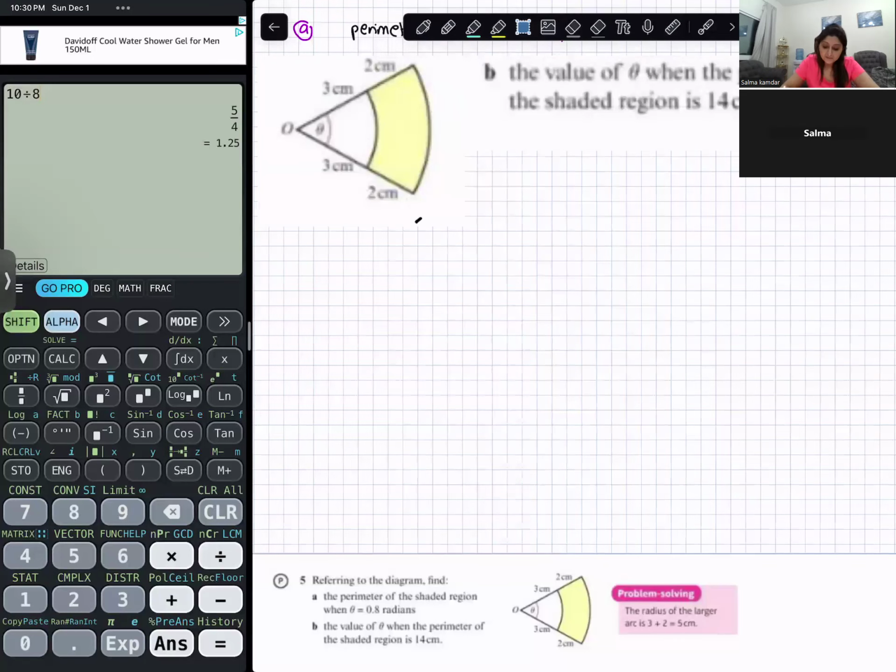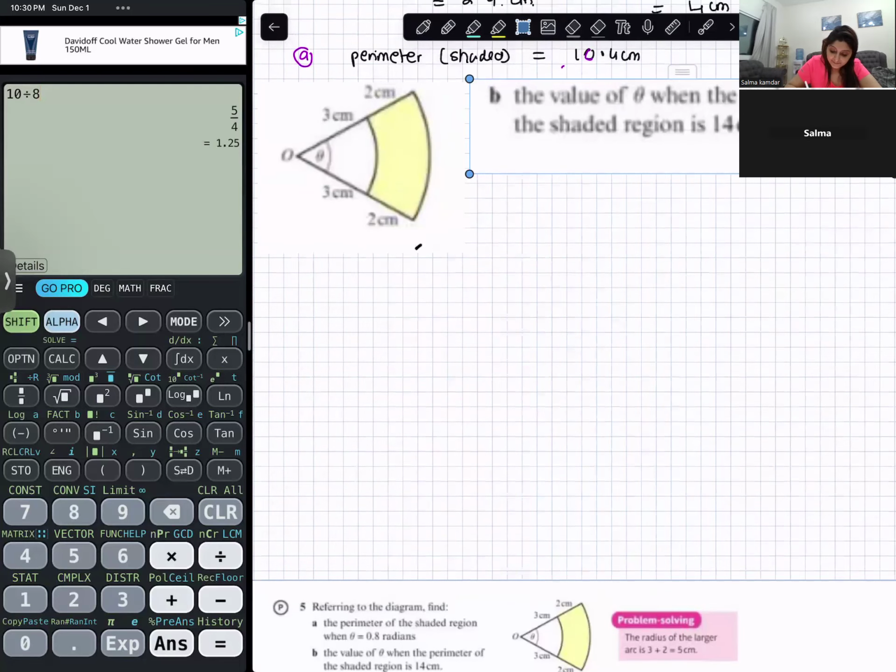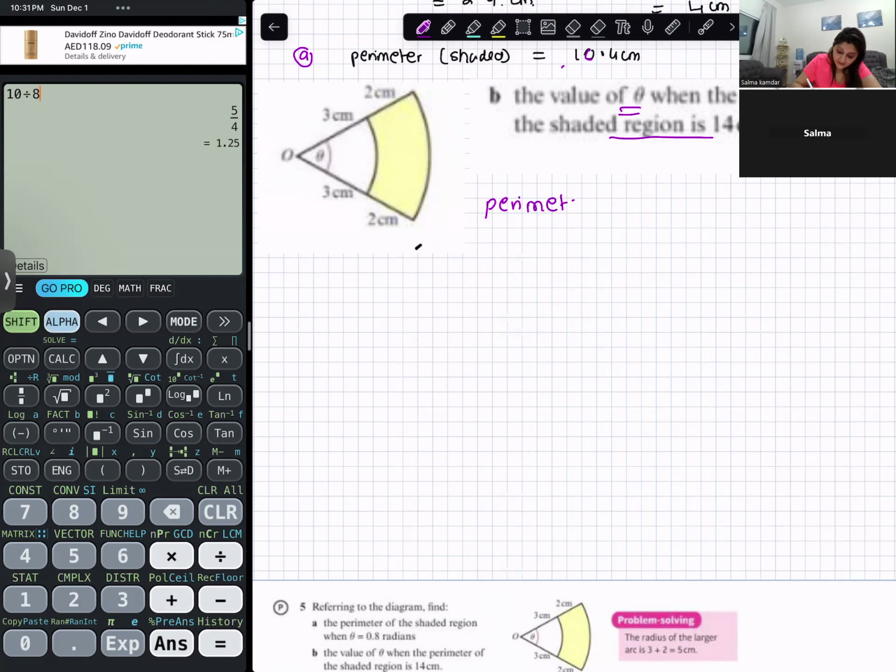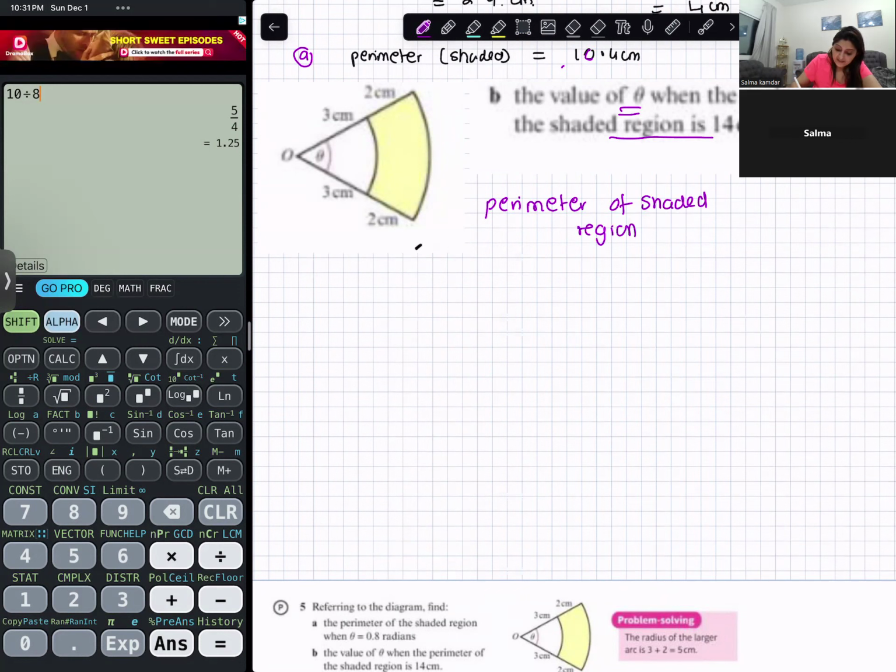In the B part, they have asked me to find the value of theta when the perimeter of the shaded region is 14 centimeter. So we would write whatever we are given, and I would say the perimeter of my shaded region is 14 centimeter.